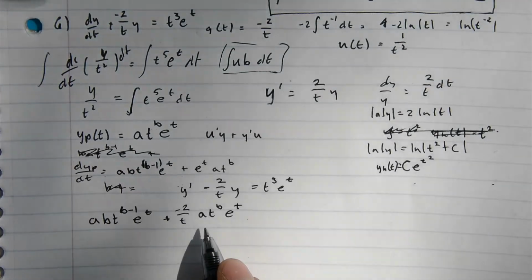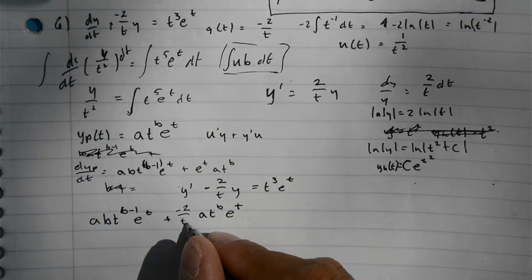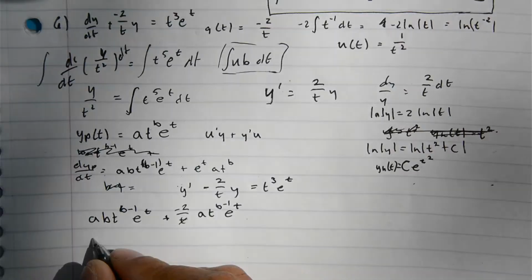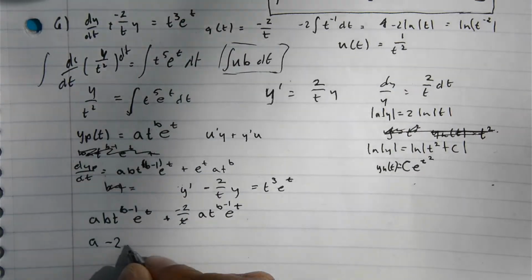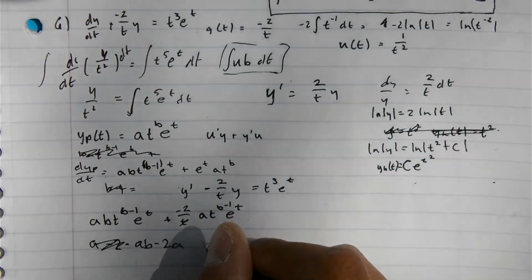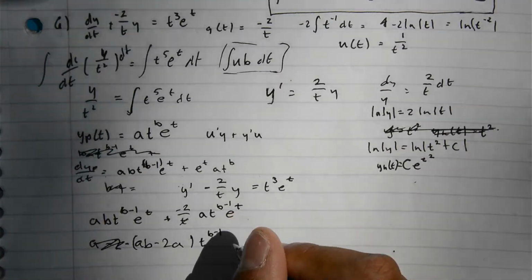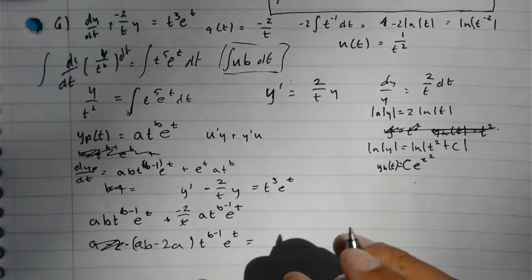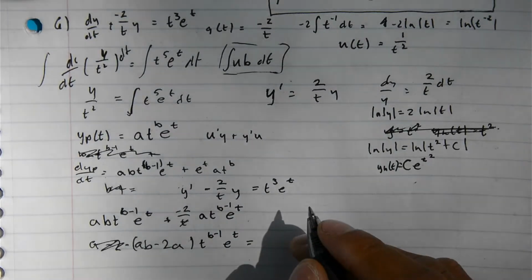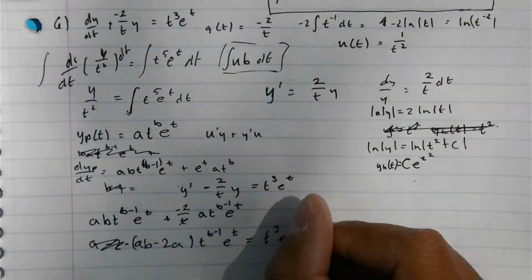Because here's what we're going to get: this becomes b minus 1. So then we're going to get a b minus 2a times t to the b minus 1 e to the t is equal to t to the 3 e to the t.